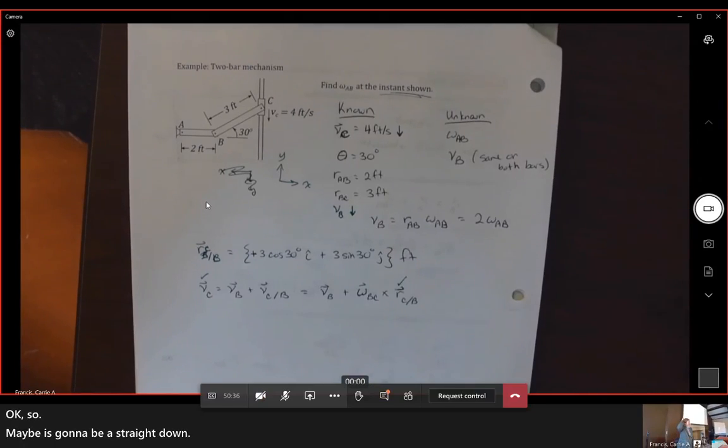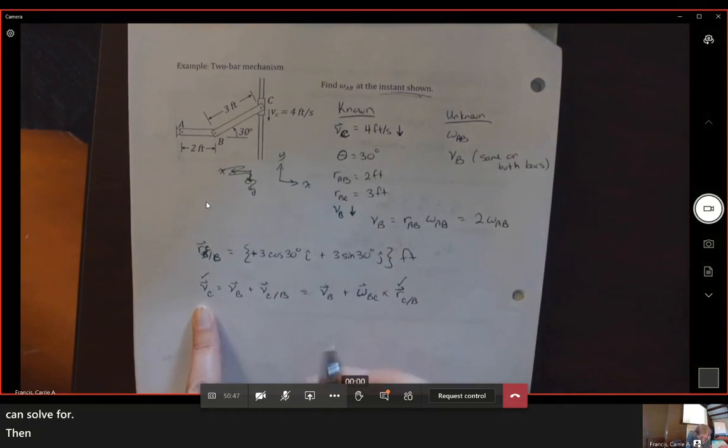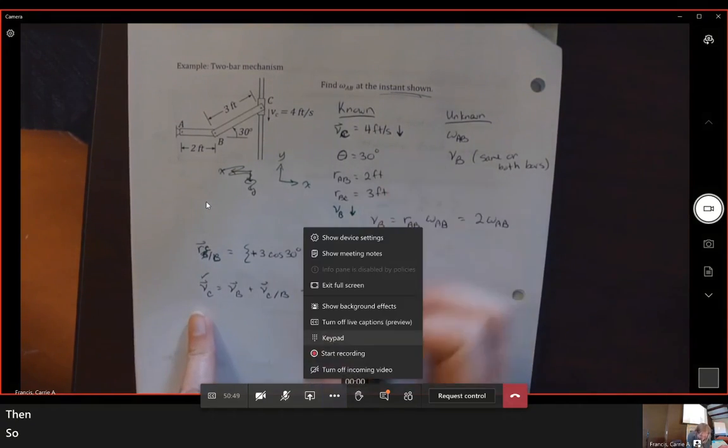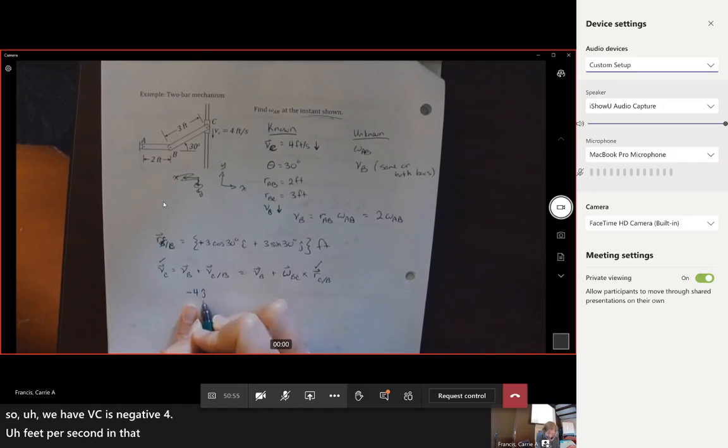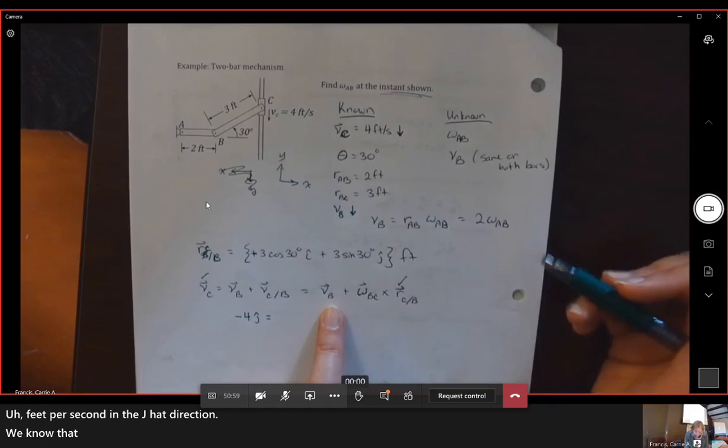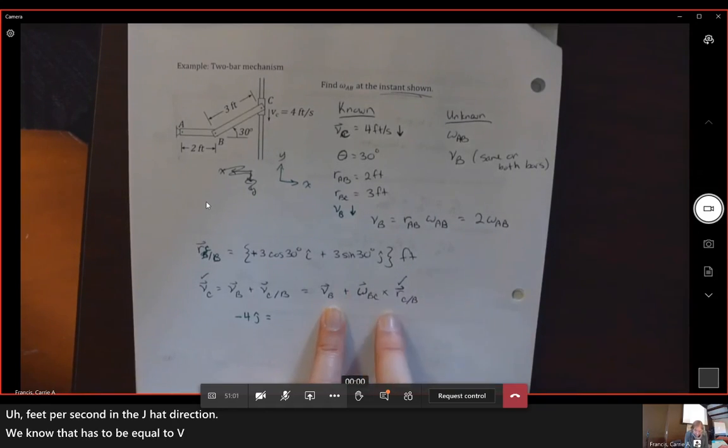Okay, so we can maybe start to put in some of the things that we know and see what we can solve for. So we have VC is negative 4 feet per second in the j hat direction. We know that has to be equal to VB plus our cross product.